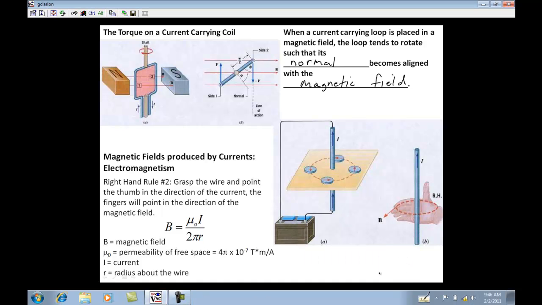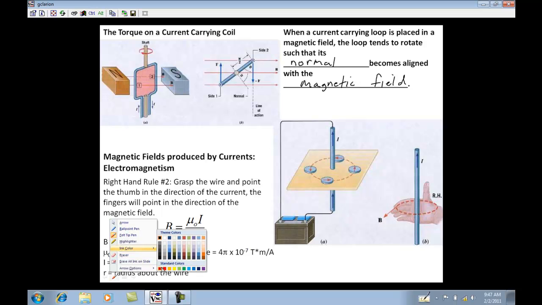So not only do currents experience forces from a magnetic field, that's what we just proved, currents on their own produce their own magnetic field around the wire.